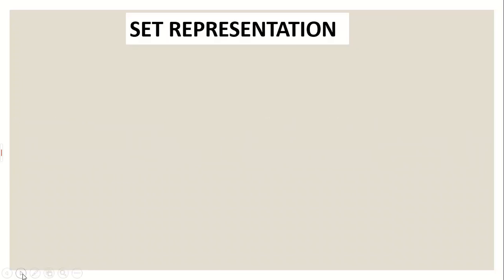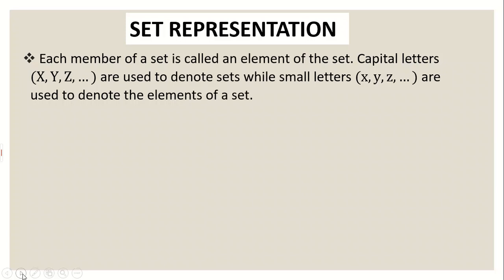Then we have set representation. How do we represent a set? Each member of a set is called an element of the set. Capital letters such as X, Y, Z are used to denote sets, while small letters such as x, y, z are used to denote the elements of a set.